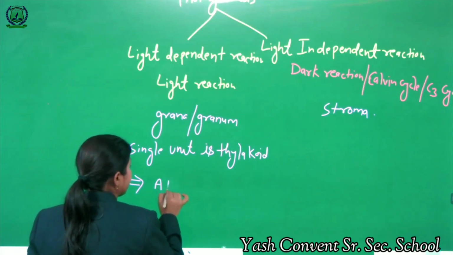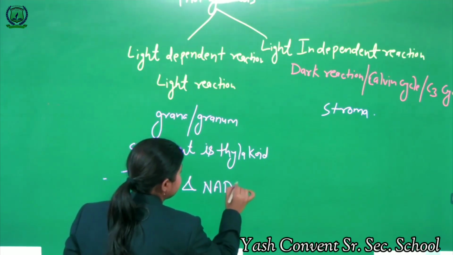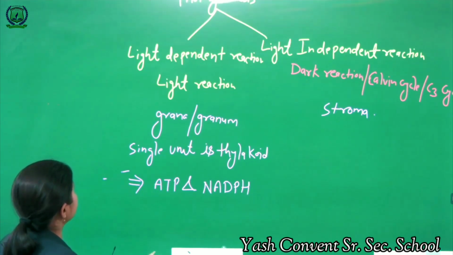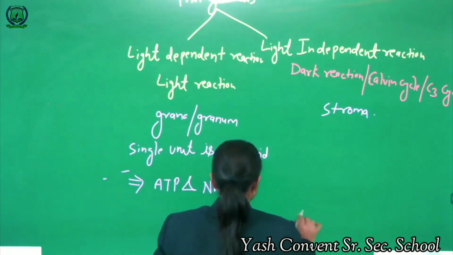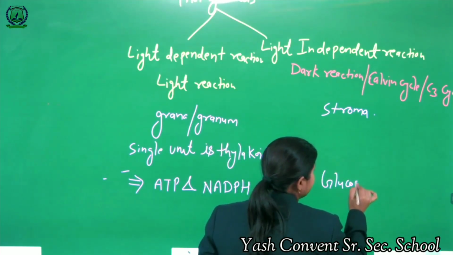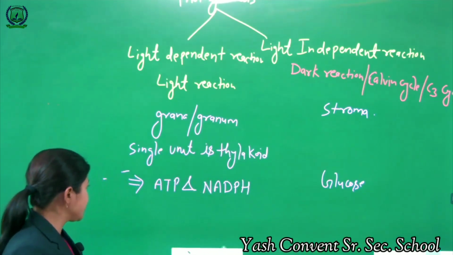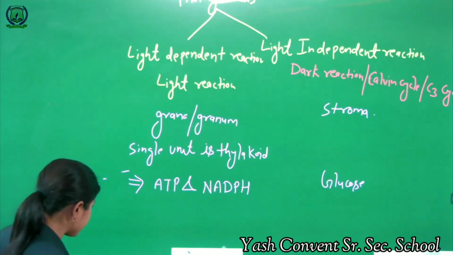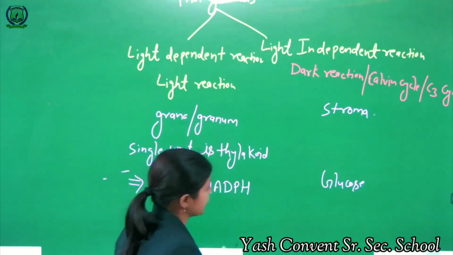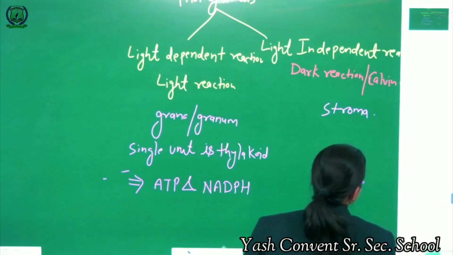Then, in the stroma, glucose is formed, which is the final product of photosynthesis. So students, now we will see the light dependent reaction.